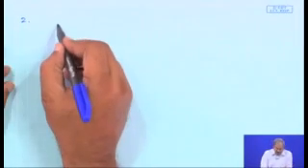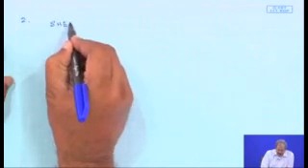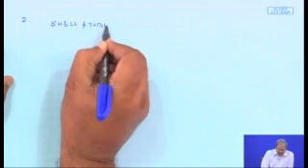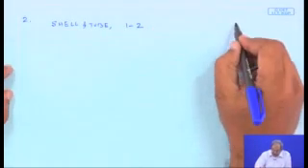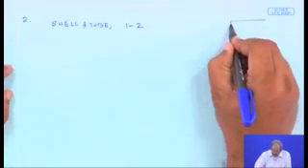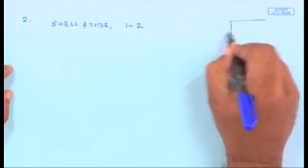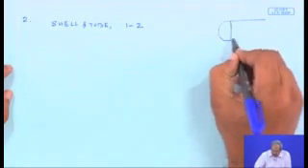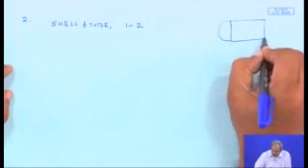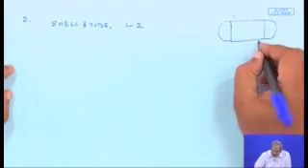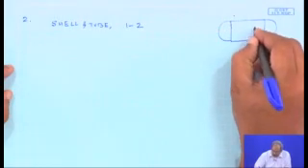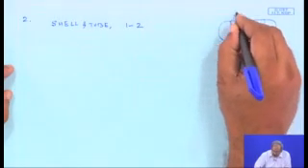The second problem is somewhat different. This is a shell and tube heat exchanger. Furthermore, it's a 1-2 heat exchanger, so it's one shell pass and two tube passes. If I just consider the shell, the shell side fluid is going to come in from here, flow in a tortuous path and go outside.